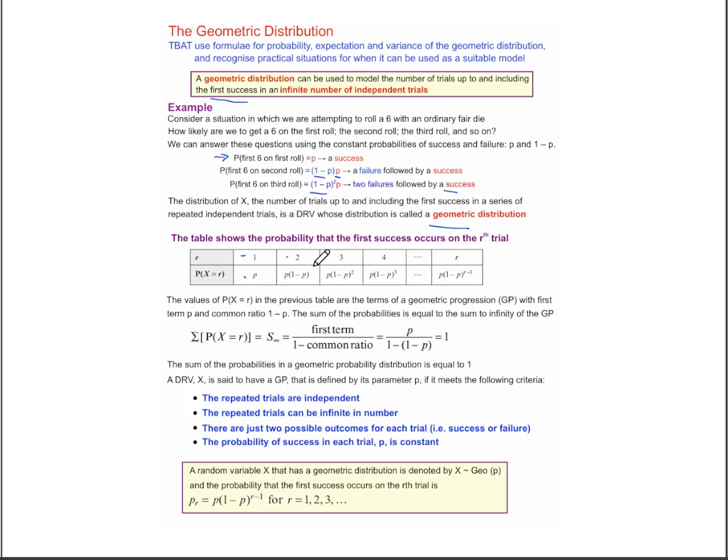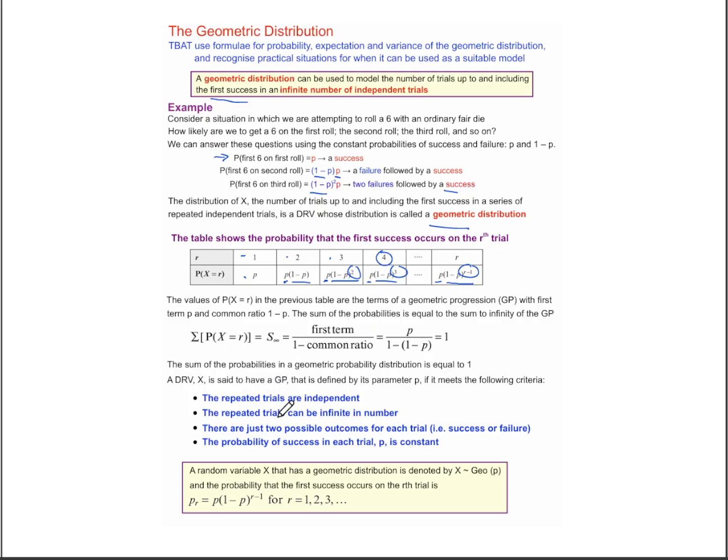If you want it to happen on the second trial, you need a failure for the first one, then a success for the second one. If you want it to happen on the third one, you need a failure for the first 2 and then a success. If you want it to happen on the fourth one, you need a failure in the first 3, then a success. And if you want it to happen on the rth trial, you want a failure r minus 1 times, then you want a success in the rth roll.